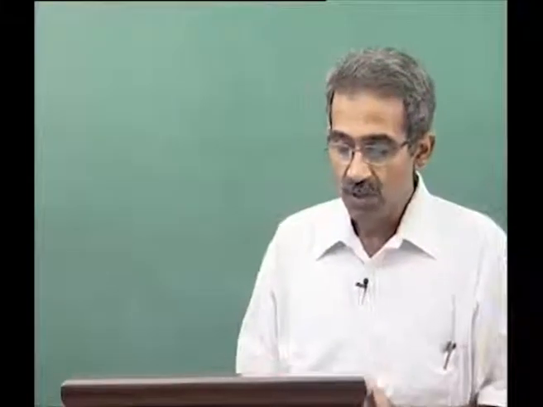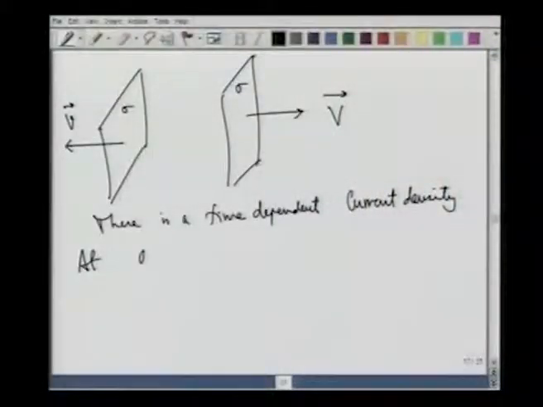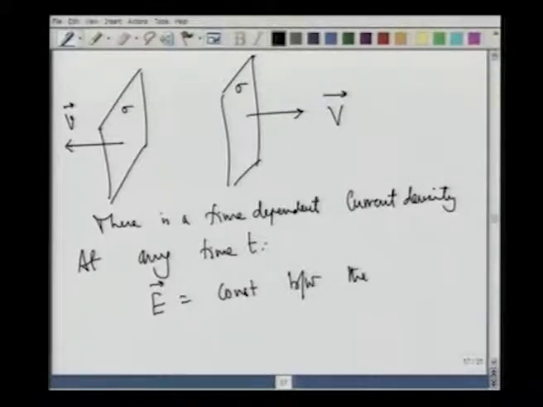Now I ask you, what is the electric field and what is the magnetic field? These are infinite sheets. So what do you answer? So at any given time t, E is equal to a constant, that is independent of z, between the plates, and equal to 0 outside the plates.